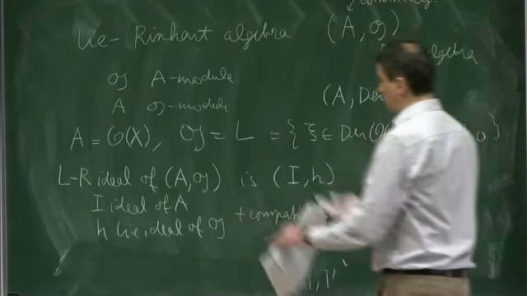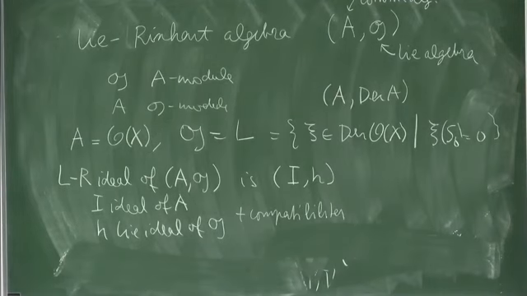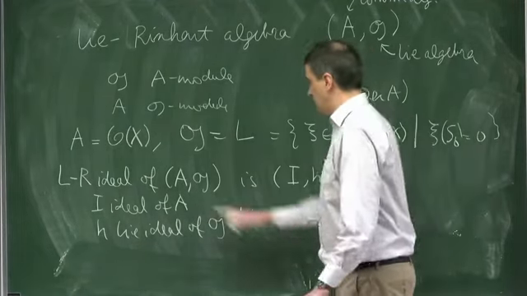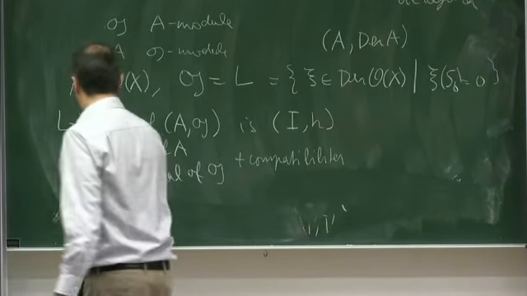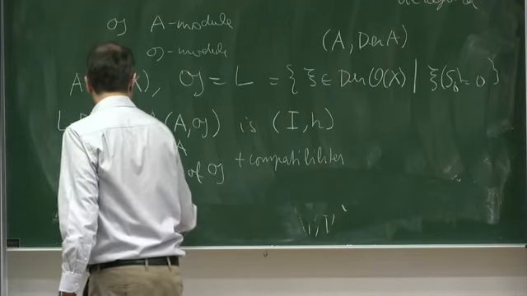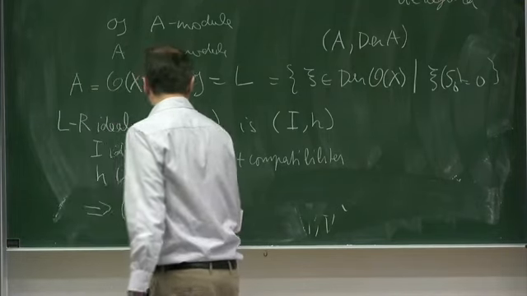So the ideal should preserve the... I forgot. I mean there are some natural conditions. These conditions ensure that if you take the quotients, you again get a Lie-Rinehart algebra.